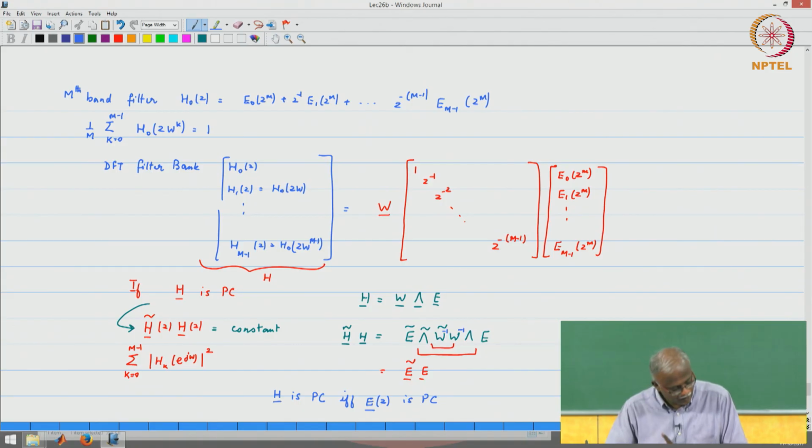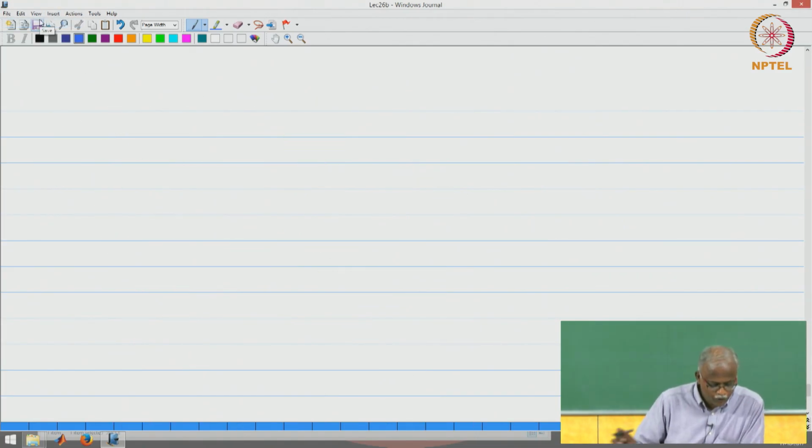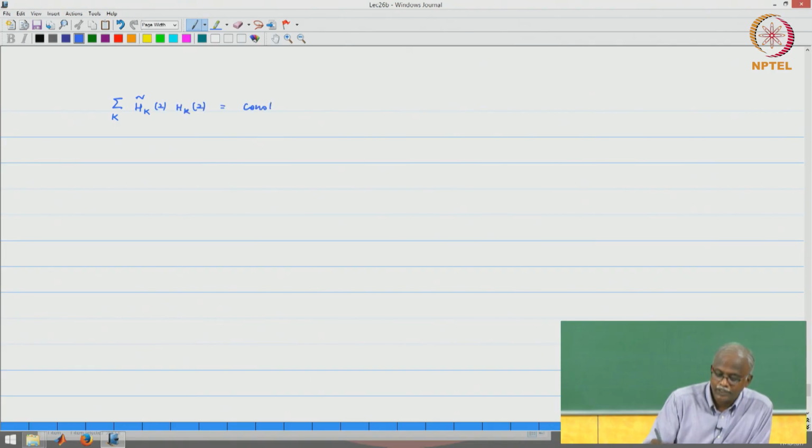Now, I just want you to look at one more element before we close today's discussion, because this is also an important result for us. What did we write down? The summation over k of h_k tilde of z, h_k of z, must be equal to a constant. And we have the relationship that h_k of z is nothing but h0 of zW raised to the power k.